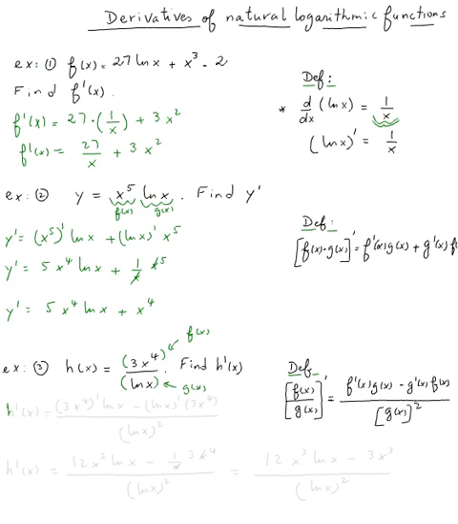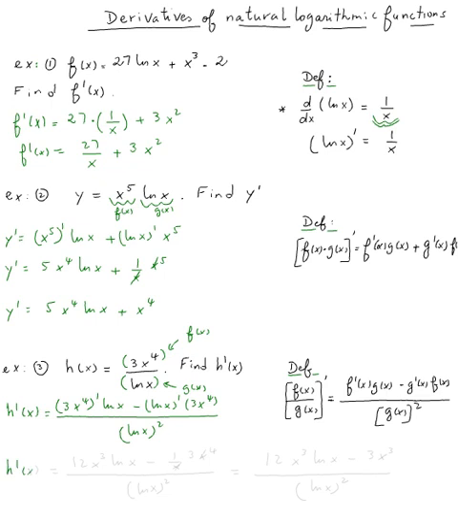So to find h prime of x, it's going to be f prime of x, which means the derivative of 3x to the 4th, times g of x, which is ln of x, minus g prime of x, which is the derivative of ln x, times f of x, which is 3x^4. Everything divided by g of x squared.